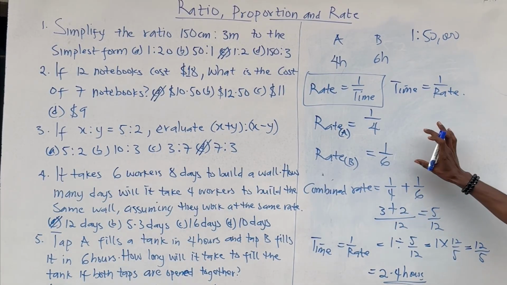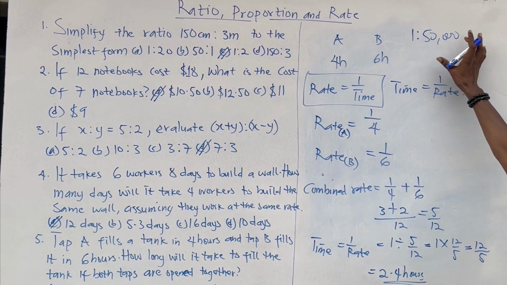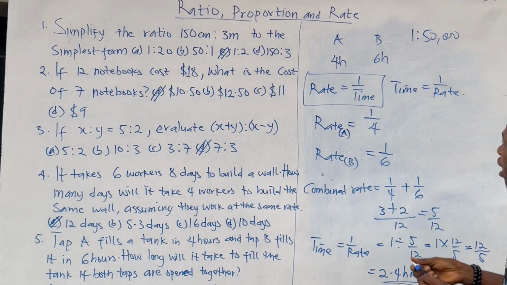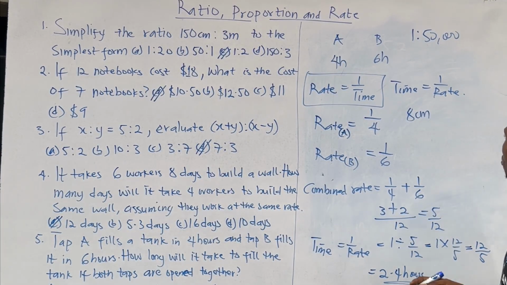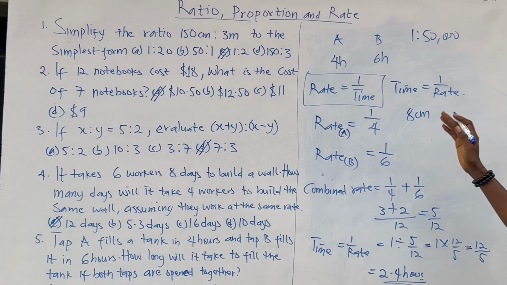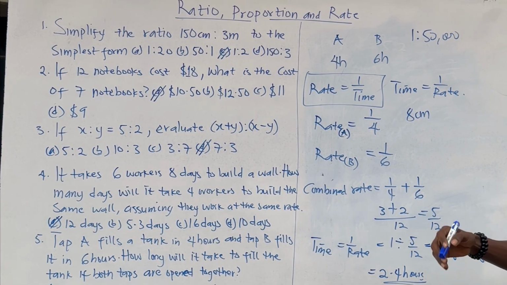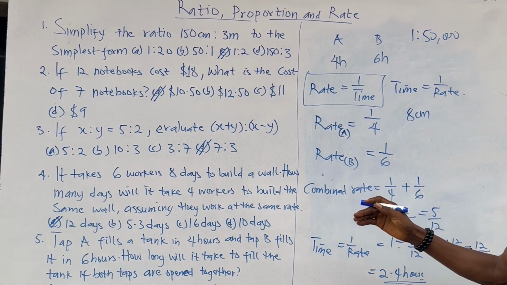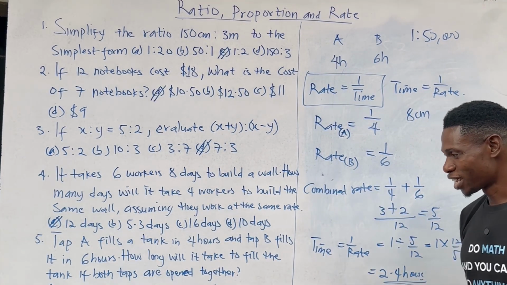If you measure 2 centimeter, it's actually how many? 100,000. So 1 is to 50,000. Now you are asked for 8 centimeter. So what would the value be, or the actual distance? But now it is asked in kilometer. So don't forget, when you get your answer, you have to convert it to kilometer.